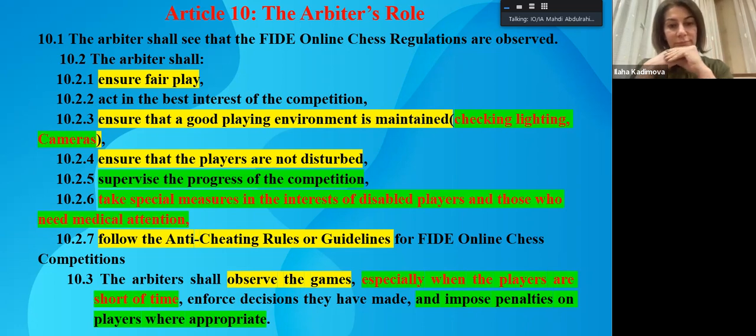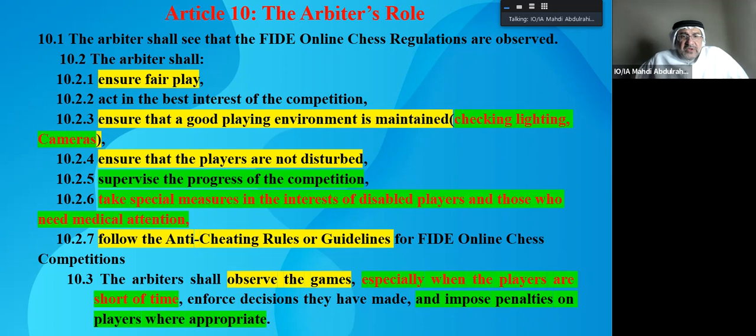Also follow the anti-cheating rules and guidelines. In hybrid chess competition, you use a metal detector and other means to check the players before they enter the tournament. In online play, the player has to give a share screen to the arbiter. You have to enter 1 hour before the start of the game and give your share screen and task manager.